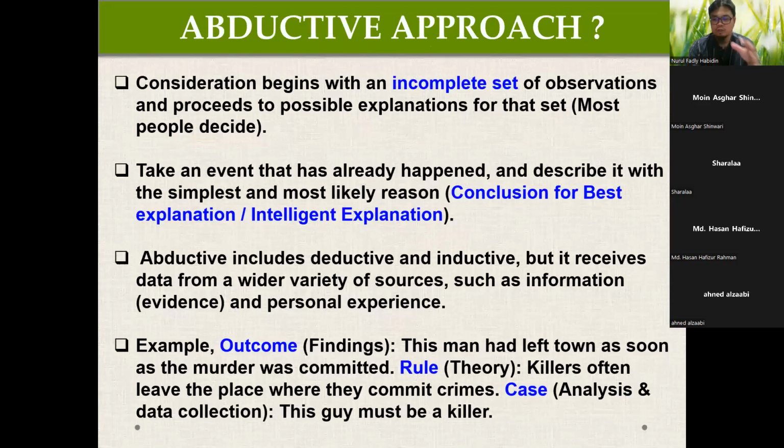Okay, abductive is a combination of both. Consideration begins with the incomplete set. And this is a good answer when people ask why you need to use abductive, why you need to use a mixed method: because quantitative still has room for improvement.